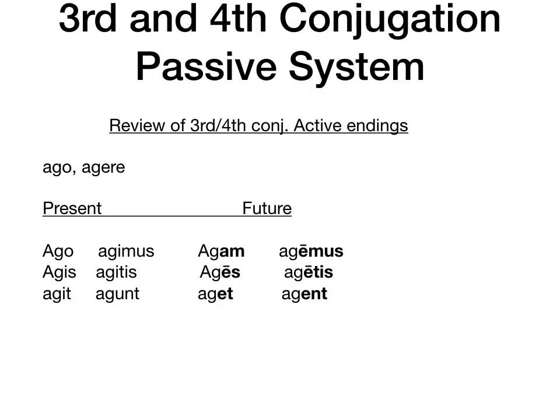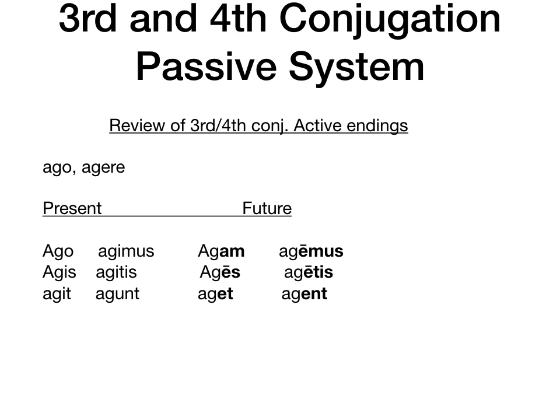So let's just real quickly review active endings for third and fourth conjugation verbs. Remember words like ago, agere, and audio, audire, and venio, venire. Their future endings are not bo, bis, bit, bimus, bitis, bunt. Instead, they get their own endings.